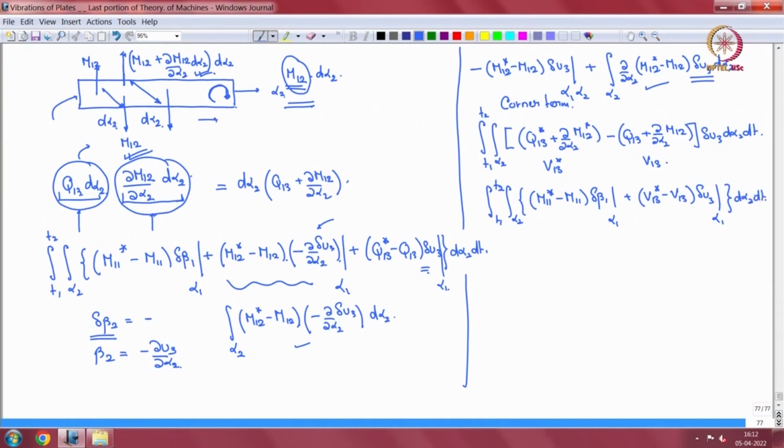Okay. And another boundary or a corner term, M12 star minus M12 delta U3 at the end of alpha 1 and alpha 2. It's a corner term.